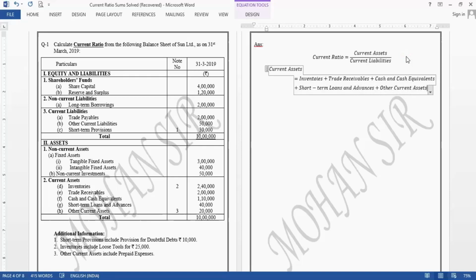So these all are the contents of current assets. Now let me place the values over there.